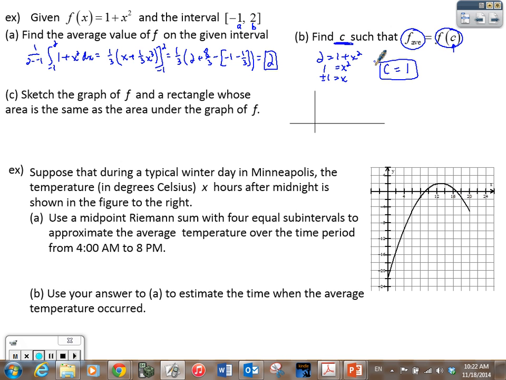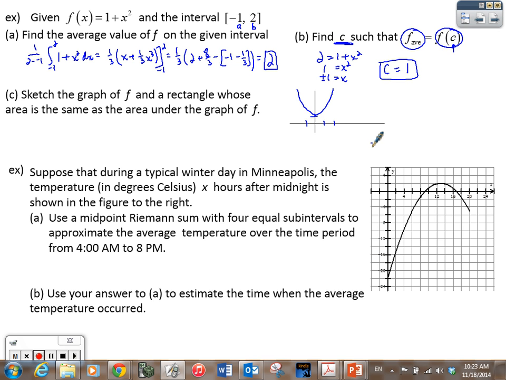Now it wants us to sketch the function and the rectangle whose area is the same as the area under the graph of the function. Like on that other slide, where we saw the area under the function plus the one with the rectangle. To graph the function, this is a parent parabola shifted up 1, so it looks like that.